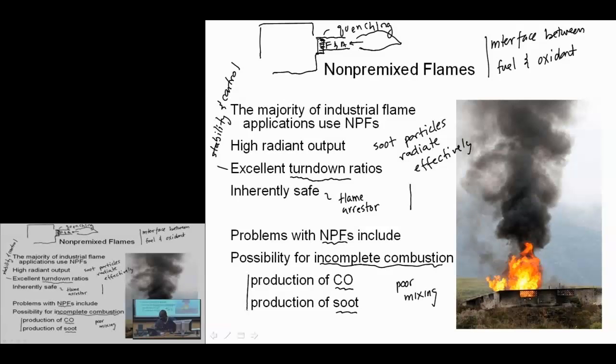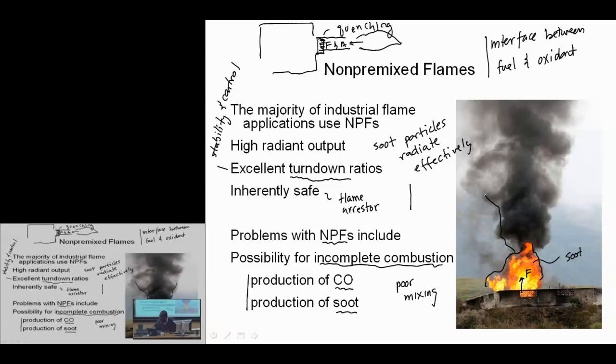So this is, again, a non-premixed flame where there's some fuel being consumed, and really what we're seeing is the outline of the reactions, and we're seeing strong radiation from the soot particles inside. There are so many soot particles, and so much soot, that they punch holes in the flame and escape.